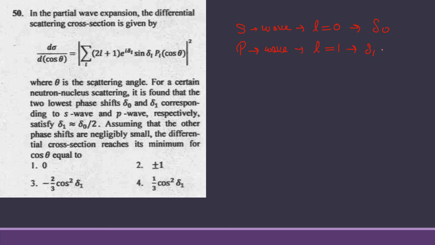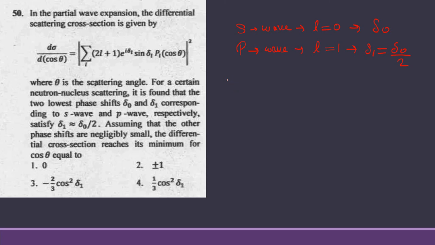And the relation is given to you that delta 1 is equal to delta naught by 2. And one more thing is given to you, that other phase shifts are negligibly small. That means if you put L is equal to 2, L is equal to 3, the values of those phase shifts are very small, so you can neglect those phase shifts.